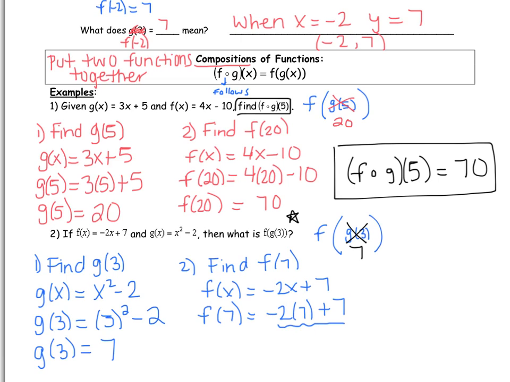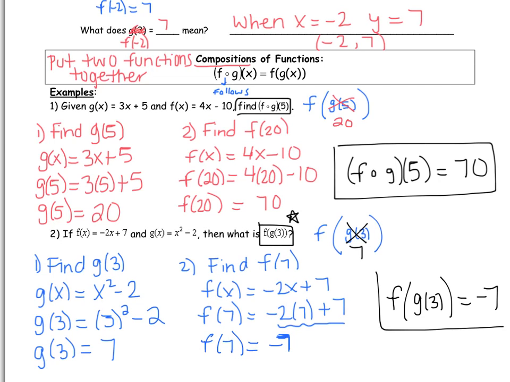Negative 14 plus 7 is negative 7. So f of 7 equals negative 7. So again, since this is what you were trying to find, you could rewrite it as f of g of 3 equaled negative 7 after that two-step process.